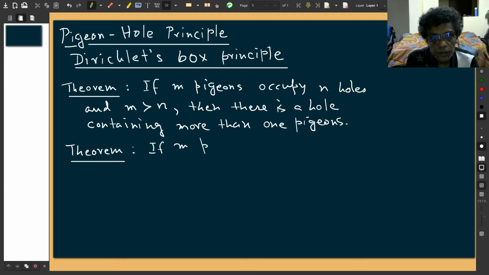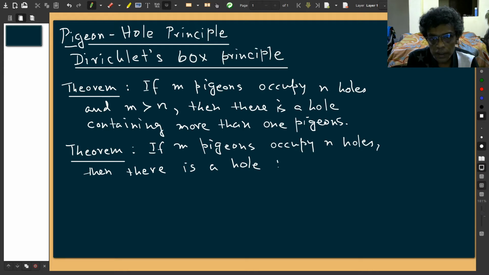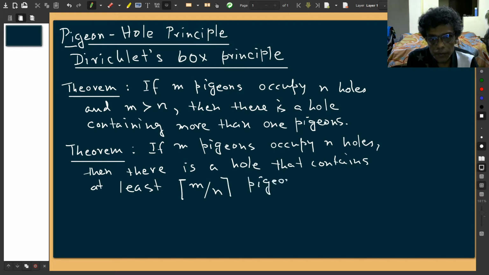If m pigeons, exactly the same initial thing, occupy n holes, then there is a hole that contains at least ceiling of m by n pigeons.